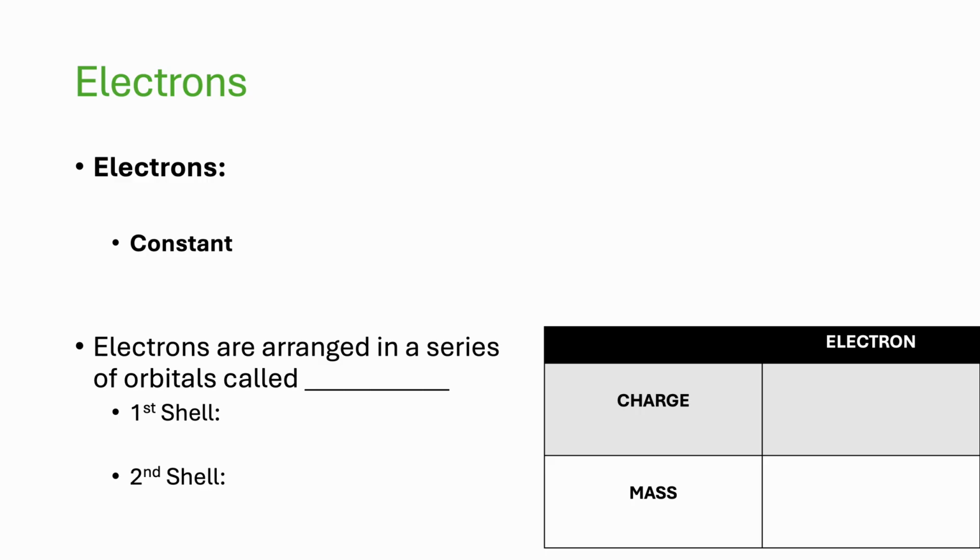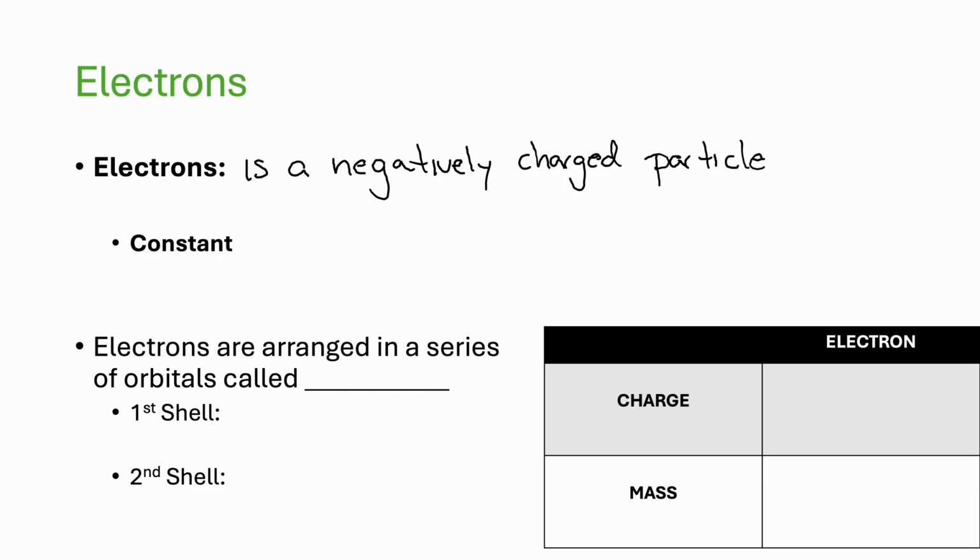So the other subatomic particle we have is electrons, and electrons are negatively charged particles. So again, they are in constant motion around the nucleus.